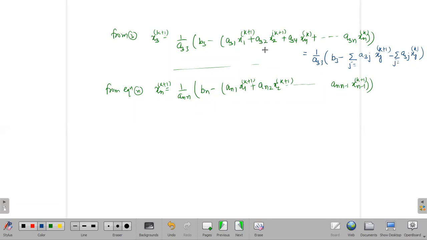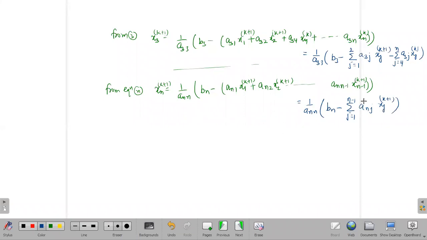There are only two terms in the first one, j equal to 1 to 2, and j equal to 3 is here, so the second will be 4 to n. And similarly 1 by ann, it will be bn minus, there is no kth iteration term. So you write j equal to 1 to n minus 1 and anj xj k plus 1.